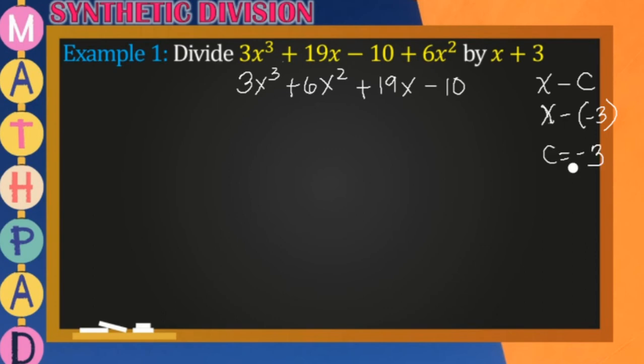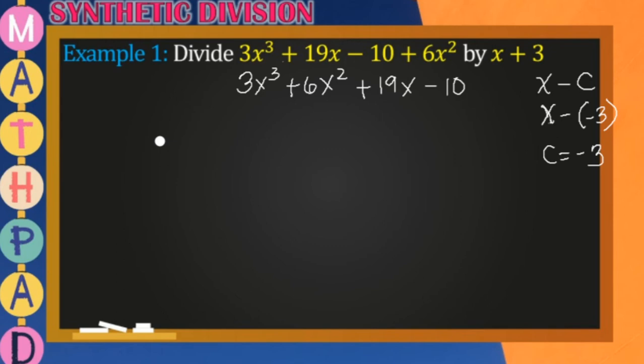Okay? So, after identifying the value of c, pwede na tayo mag-proceed sa ating division. So, ang kasunod natin na step is to write down or to list down all the numerical coefficient in one row. Okay? So, lahat ng mga numerical coefficient isusulat natin sa isang row. So, we have here, the first one is 3. Then, next is 6.